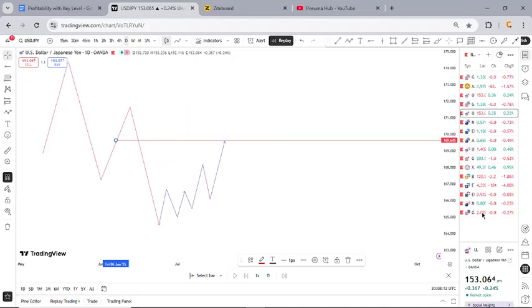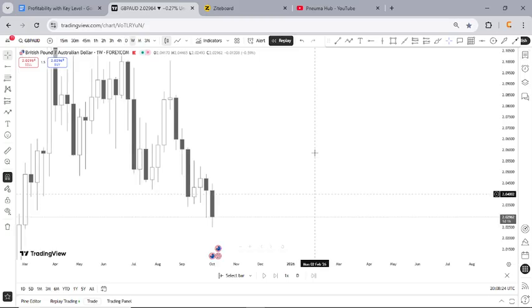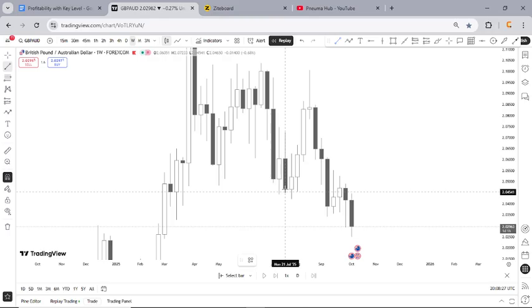Let me show you what I mean. GBPAUD. Let's go back to that GBPAUD. Now, I said one thing when I was analyzing this GBPAUD: I said the weekly is bearish at this point.